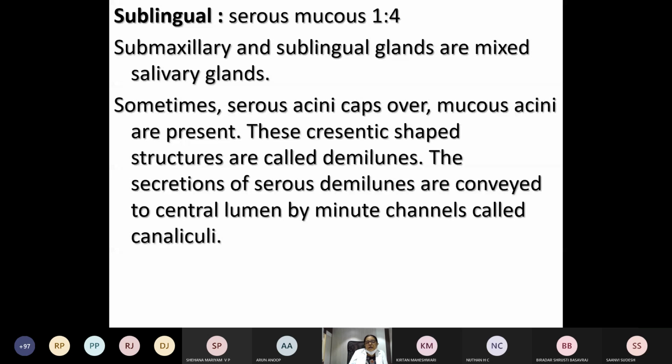These crescentic shaped structures are called demilunas. The secretion of serous demilunas is conveyed to the central lumen by minute channels called canaliculi.